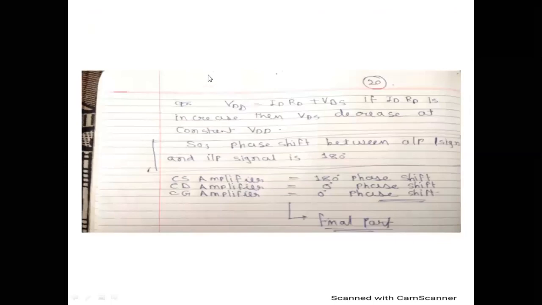So it is also MCQ. It is also related to preparation of MCQ. Please prepare very carefully. In common source amplifier, we can get 180-degree phase shift. In common gate and common drain amplifier, we cannot get 180-degree phase shift. Why? Because gate is common. That's why drain current can be equal to 0.